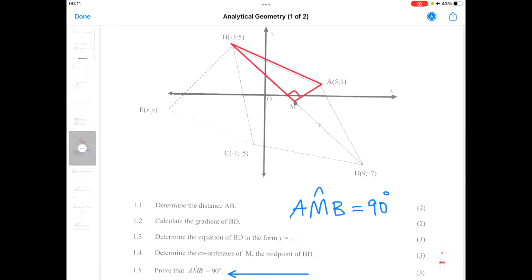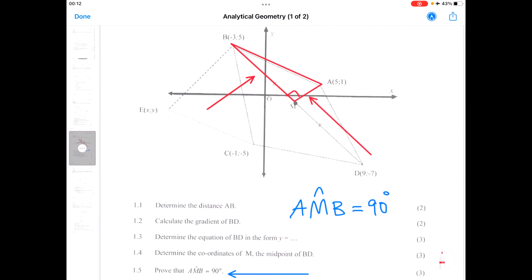Obviously, we do know that for lines forming 90 degrees, they must be perpendicular to each other, which means the gradient of that line, when you multiply it with the gradient of that line, has to give you -1.